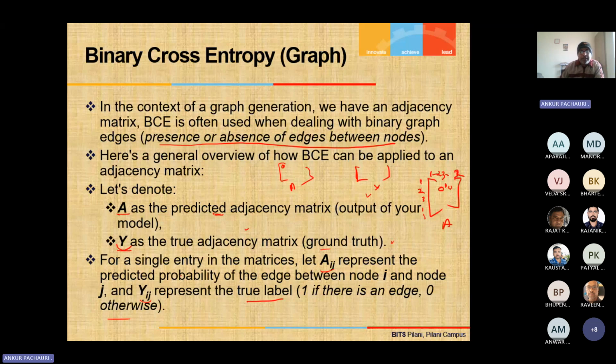Aij is the predicted probability of an edge between node i and node j, and Yij represents the true label, the actual ground truth: 1 if there's an edge, or 0 if there is no edge. So that means the structural information from the graph.